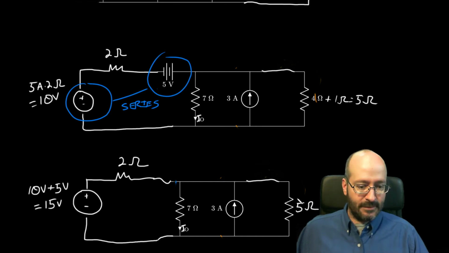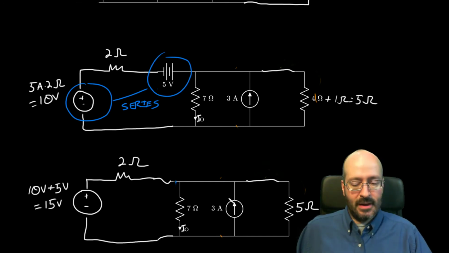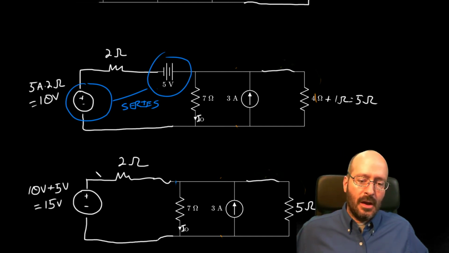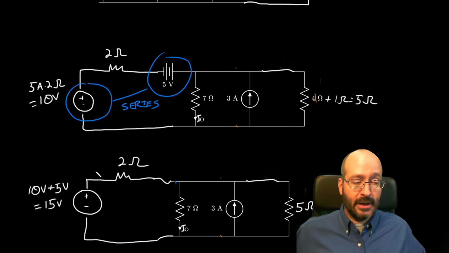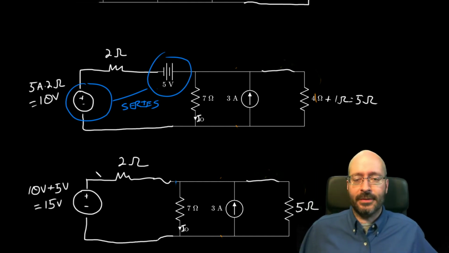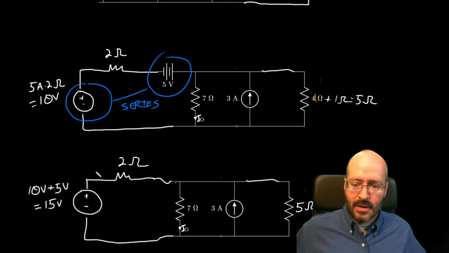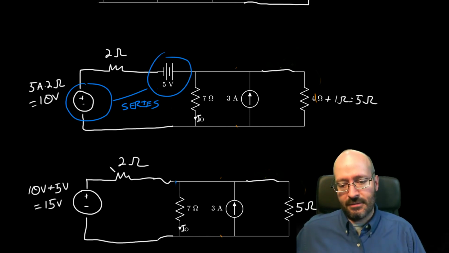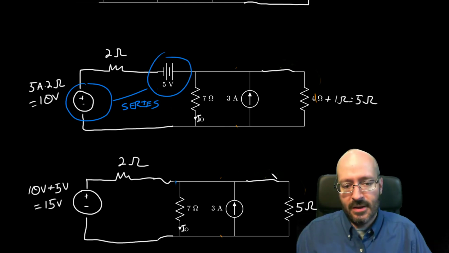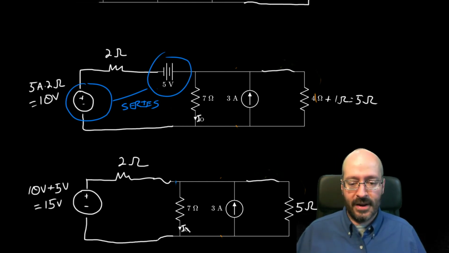But I do have a Norton equivalent here, and I have a Thevenin equivalent here. One of them is going to be more useful than the other. I'm not saying, no, one of them's a dead end, one of them's not. So take a moment. Do I want to convert the Thevenin equivalent, or do I want to convert the Norton equivalent? Which one's going to move me further down towards finding I out?